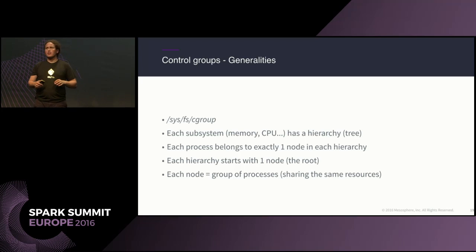Each of those hierarchies starts with a root node, and then you can have a nested hierarchy with the different processes. Each process is represented by its process ID, and in each of the subsystems, each process can occur only once, inside one node. That makes each node represent a group of processes sharing the same resources or the same limitations onto resources.